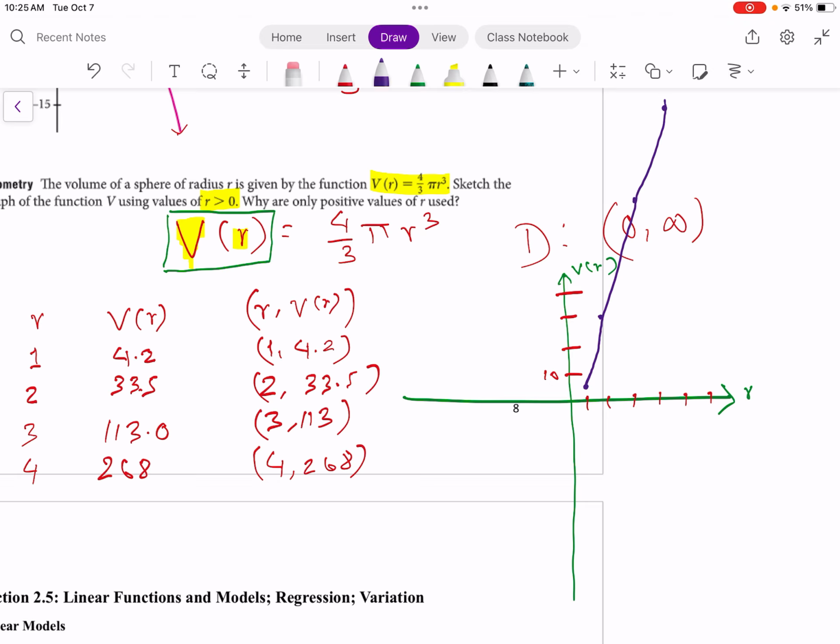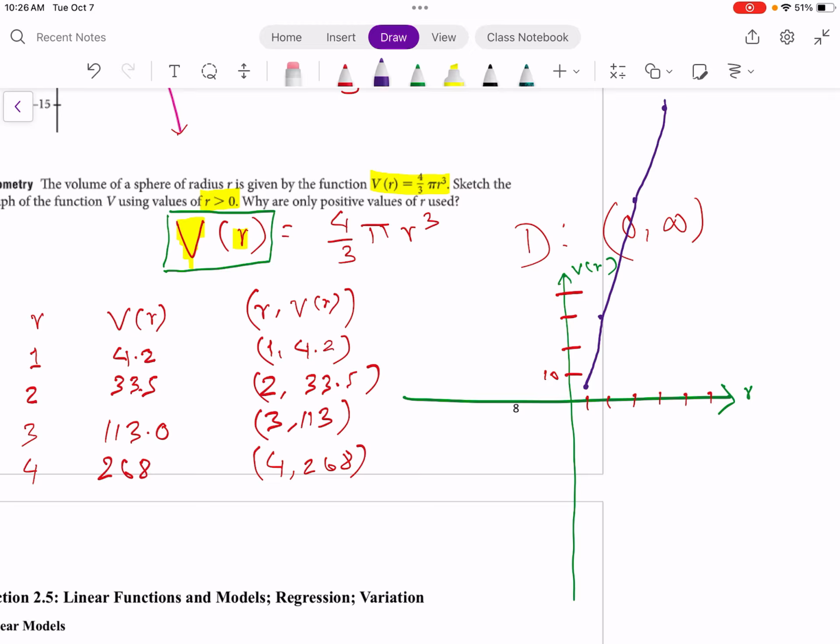Now how far can we extend this graph on the left? Can we have our r less than 1? Can we have 0.5 as a radius? Is 0.5 a positive number? Yes, right? We can have 0.5 as a radius.